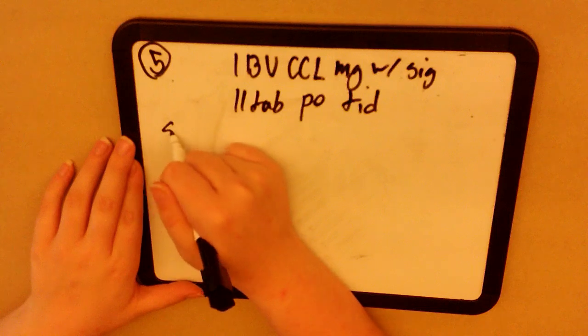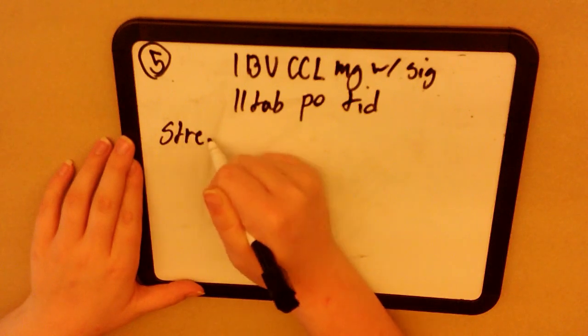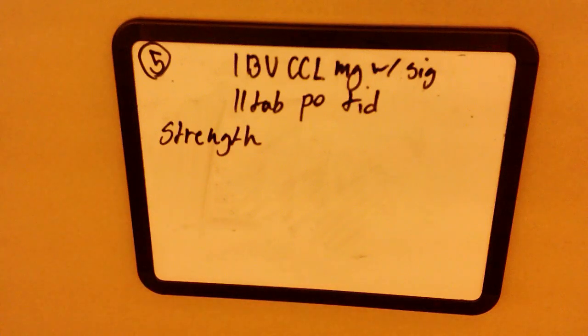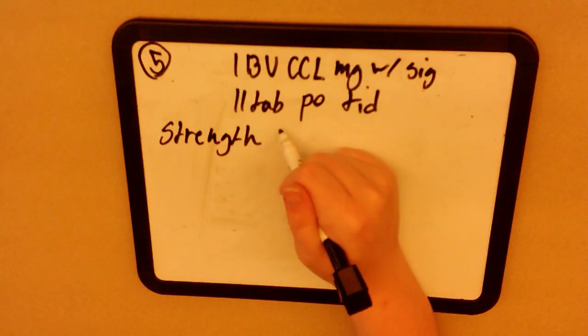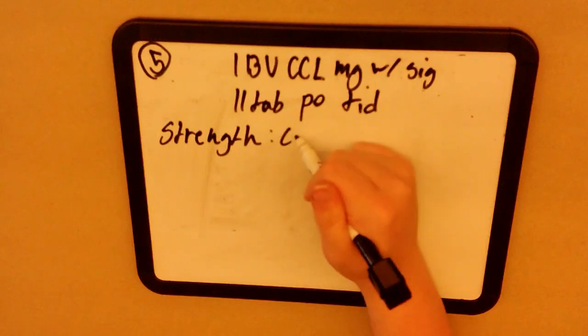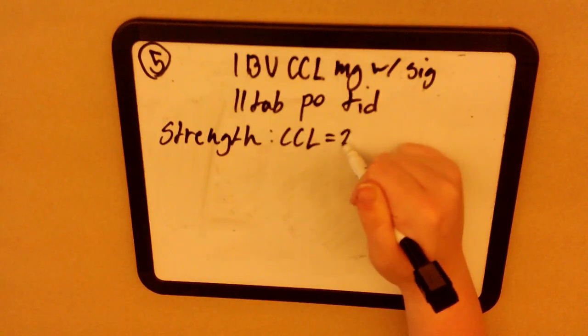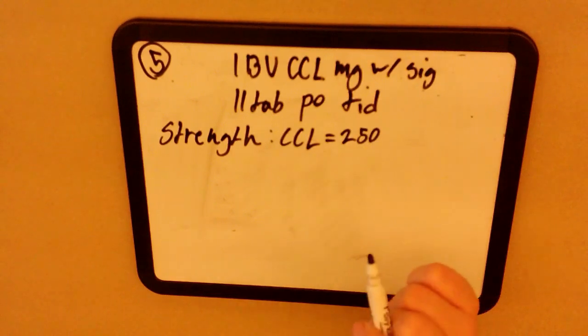And so first we're going to look at the strength. And at first I didn't really understand that. Maybe it was just like writing out the CCL. So I did a little bit of division in this. And so CCL is going to be equal to 250 milligrams.